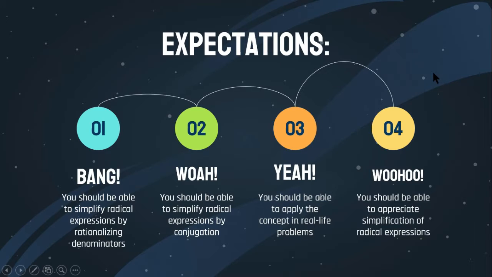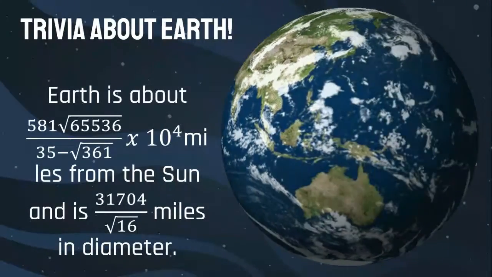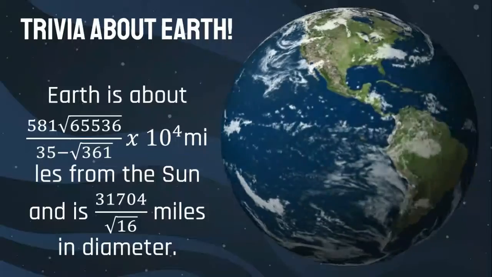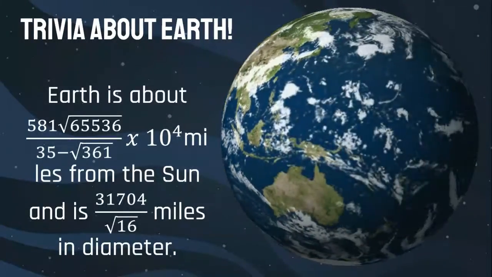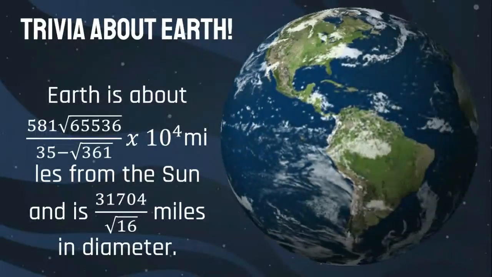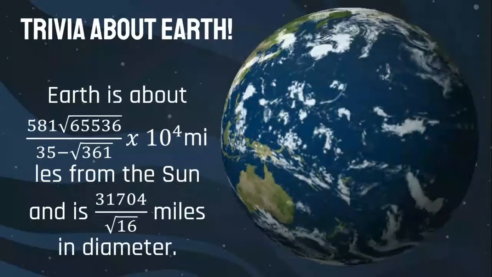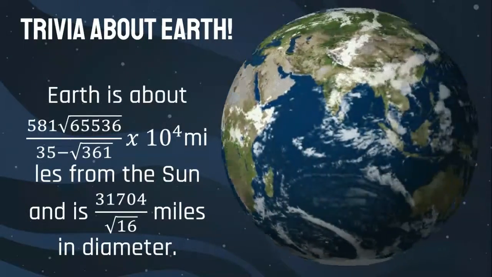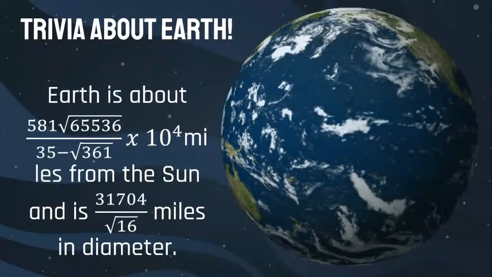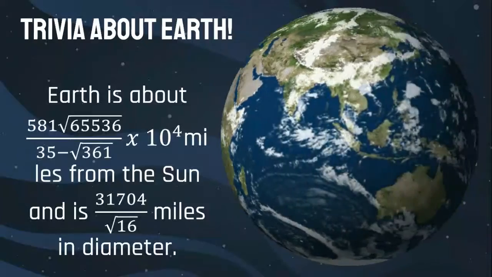Okay. We're starting off with the review, of course. So we need to go back to what we tackled last time. But before that, I'm gonna give you a trivia about Earth. Did you know that Earth is about 581 square root of 65,536 all over 35 minus square root of 361 times 10 raised to 4 miles from the sun and is 31,704 over square root of 16 miles in diameter?